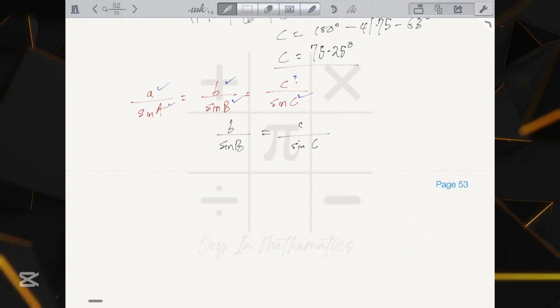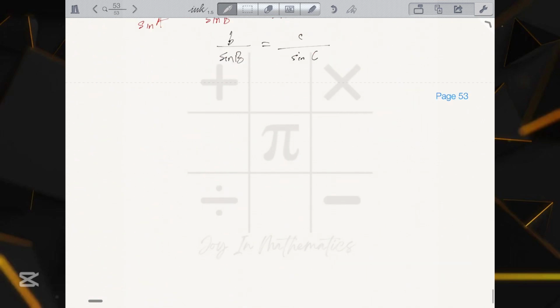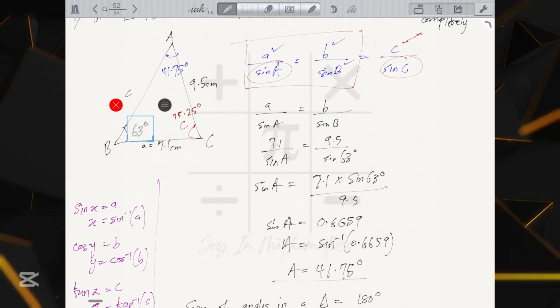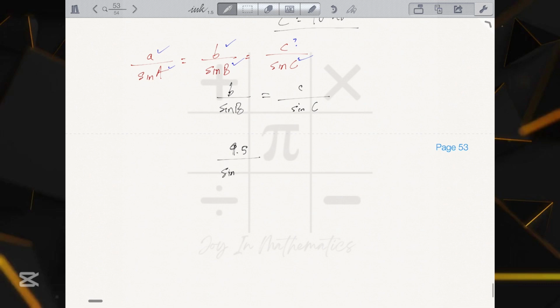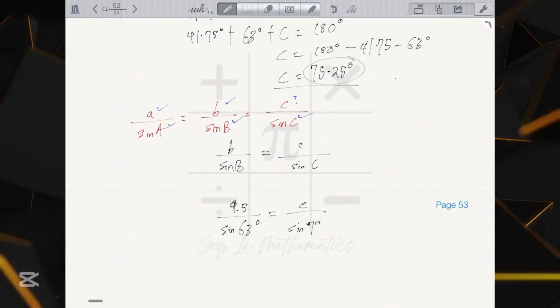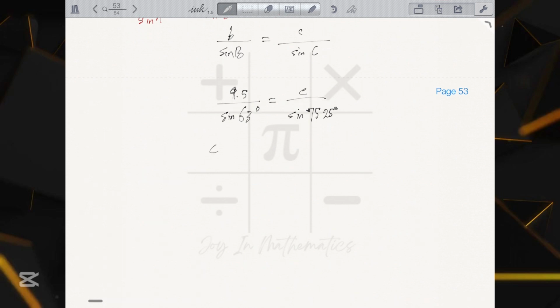So with respect to that, let's make our substitution. What is the length B? Length B given in the question is 9.5 centimeters, and sine B will be sine of 63 degrees, because B is 63 degrees, and we are looking for C, and our angle C that we evaluated was 75.25 degrees. So easy peasy. Let's make C the subject of the formula.